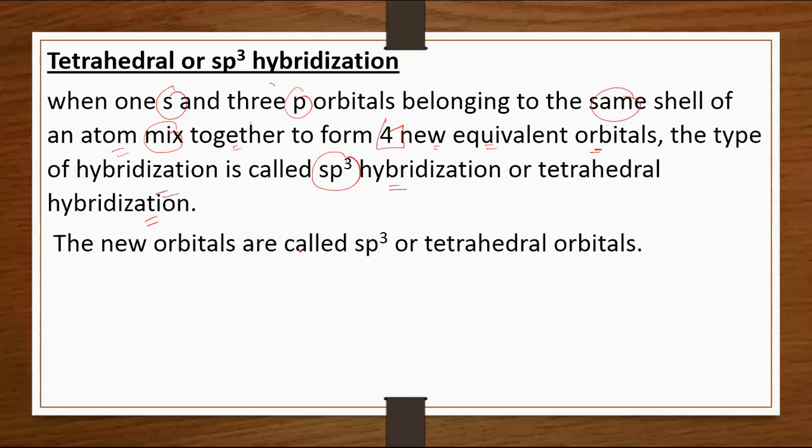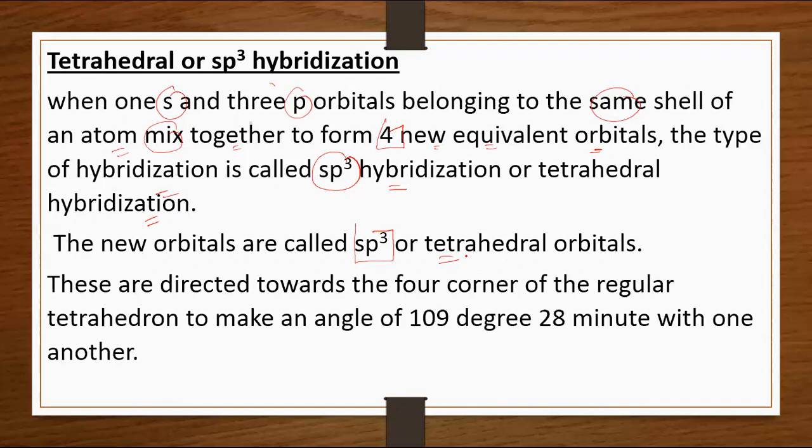The new orbitals are called sp3 or tetrahedral orbitals or tetrahedral hybrid orbitals. These are directed towards the four corners of a regular tetrahedron to make an angle of 109 degrees 28 minutes with one another.